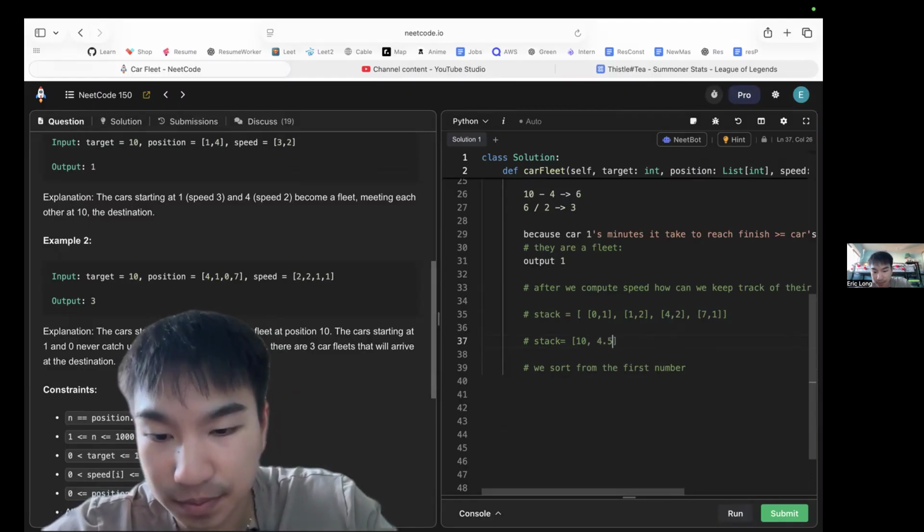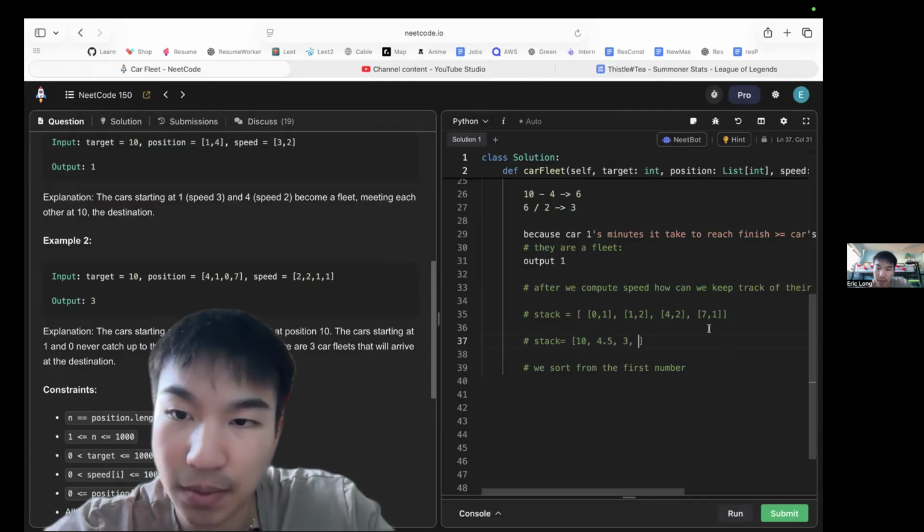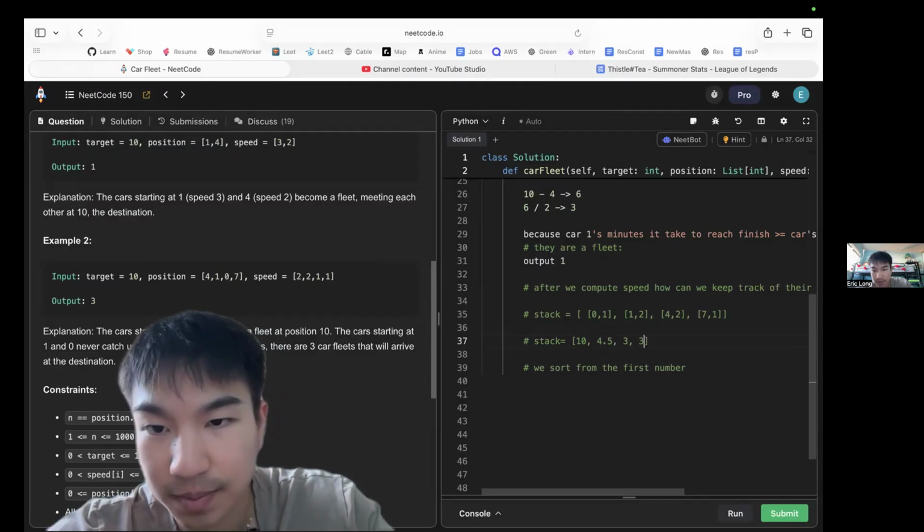And then 10 minus 4 is 6. 6 divided by 2 equals 3. And 7: 10 minus 7 is 3. 3 divided by 1 would equal 3 as well.